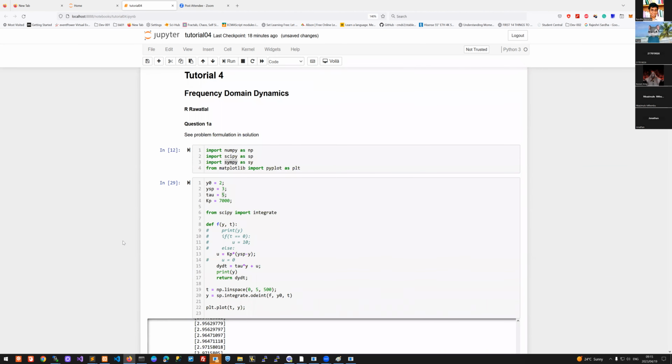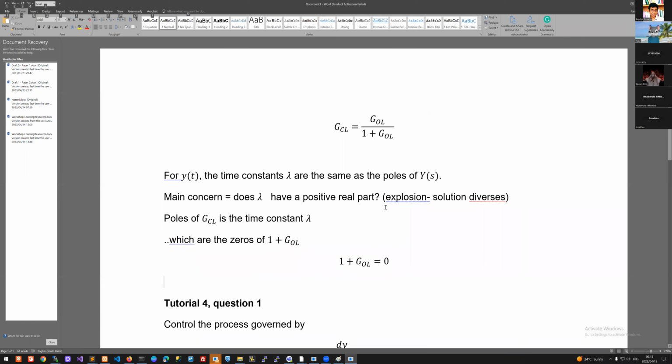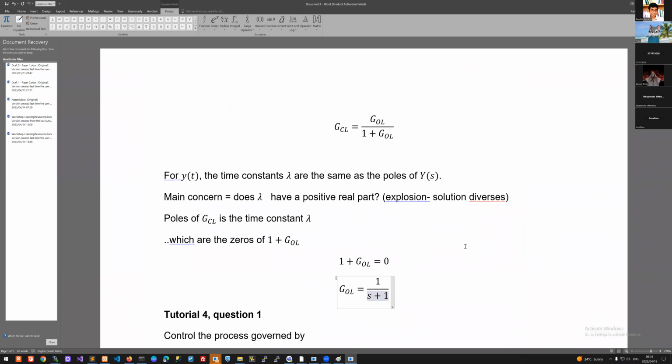Now let's look at another one. So let's say 1 over (s plus 1)(s plus 2). So in the second one, G open loop equals 1 over (s plus 1)(s plus 2).